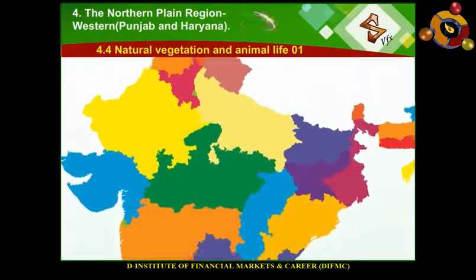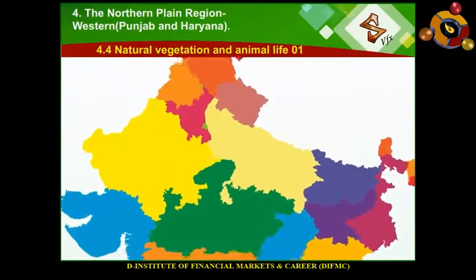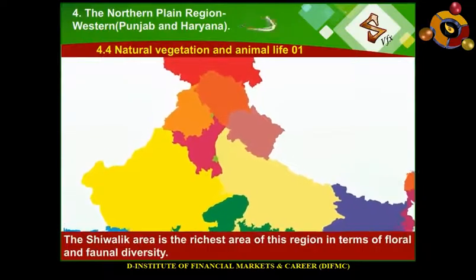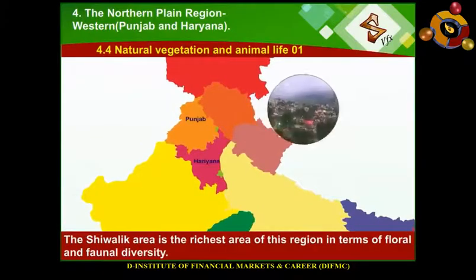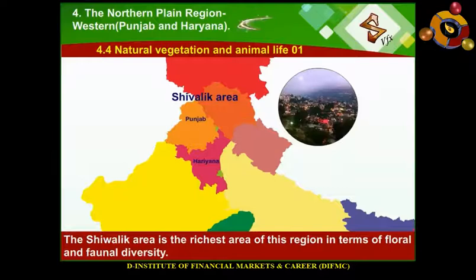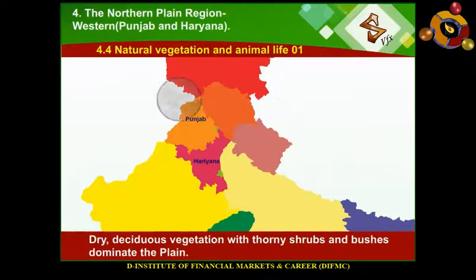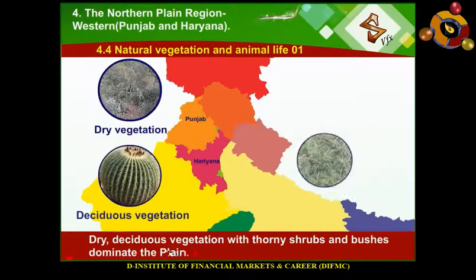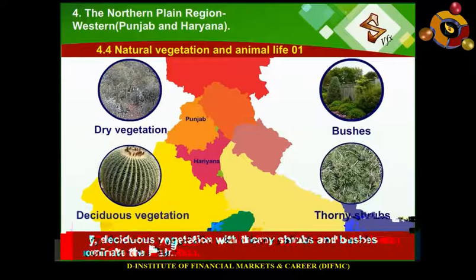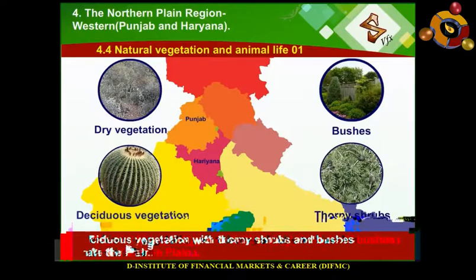4.4 Natural vegetation and animal life. The Shivalik area is the richest area of this region in terms of floral and faunal diversity. Dry deciduous vegetation with thorny shrubs and bushes dominate the plain.